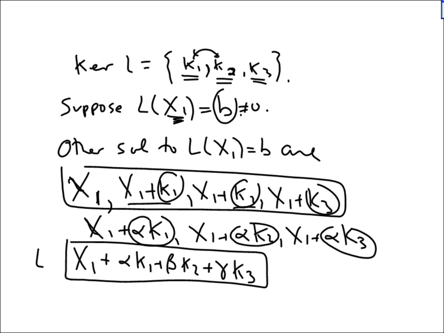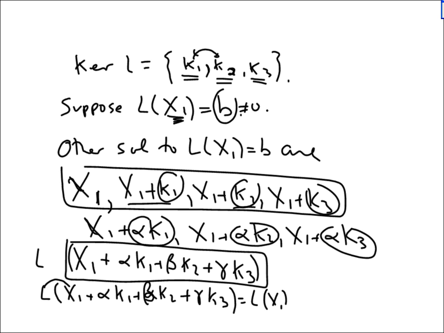If you take L of any of this, L of x1 plus alpha k1 plus beta k2 plus gamma k3, well, first you get L of x1 plus you get L of this, which is alpha times L of k1, plus you take L of this, and the beta can come out.